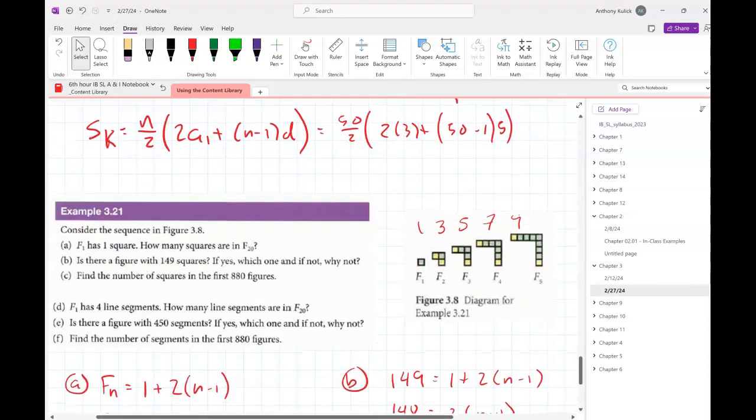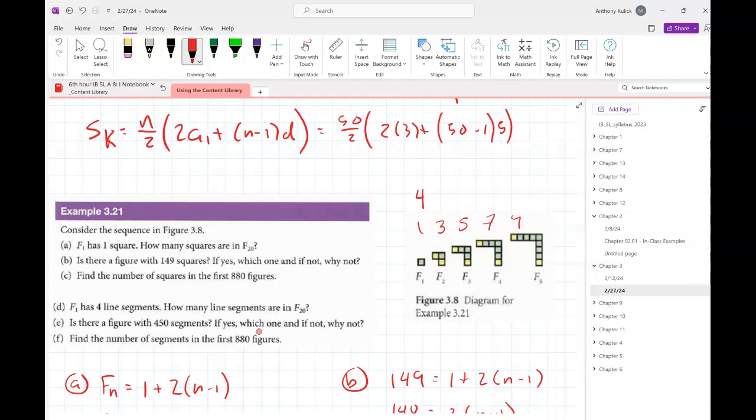All right. Here it says figure F1 has 4 line segments. How many are there in F20? How many line segments do I have in F2? You guys count 9? I think I counted 9. So that's 4, 5, 6, 7, 8, 9, 10. Okay, 10.